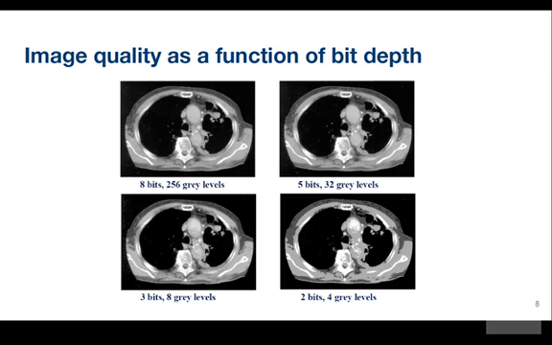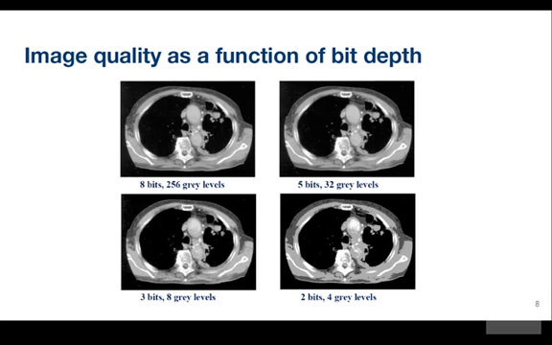Our eyes don't really pick up the fact that we've reduced the number of grayscale values there. Once we drop it down another bit, to just the 8 gray levels, we can start to detect that. We're not able to really see the full range of grayscale required to represent those different attenuation values.